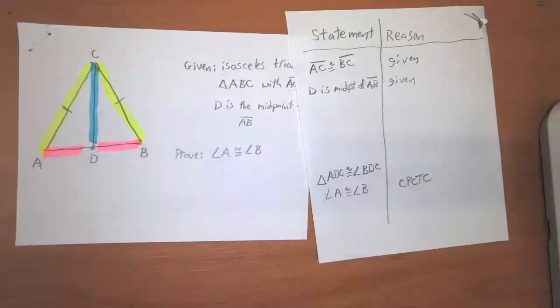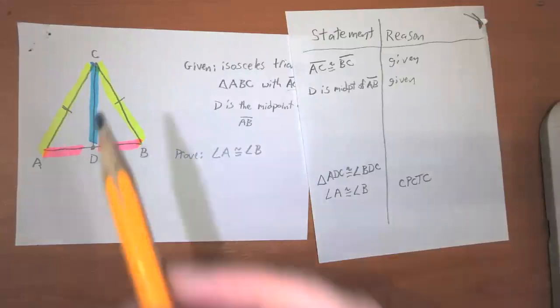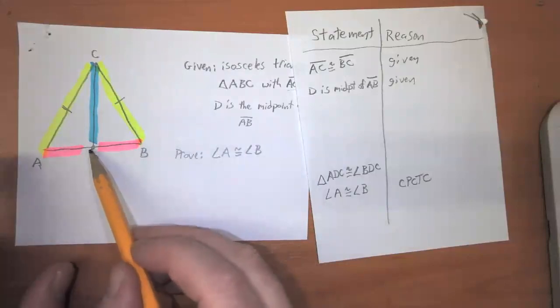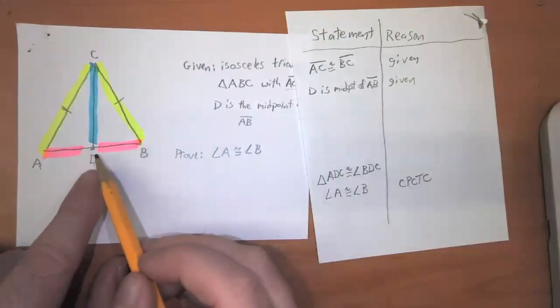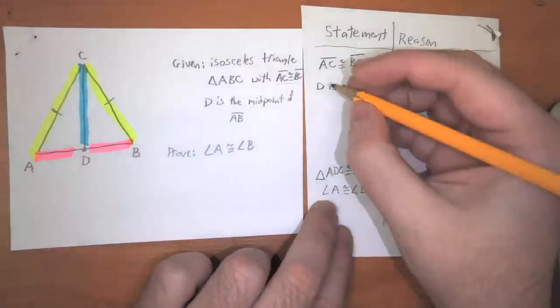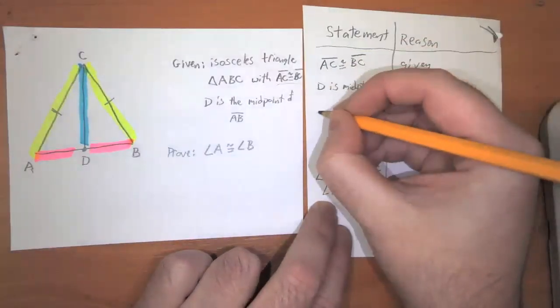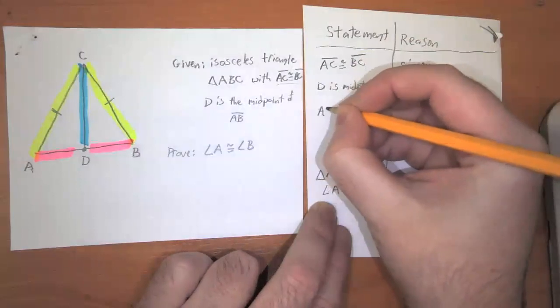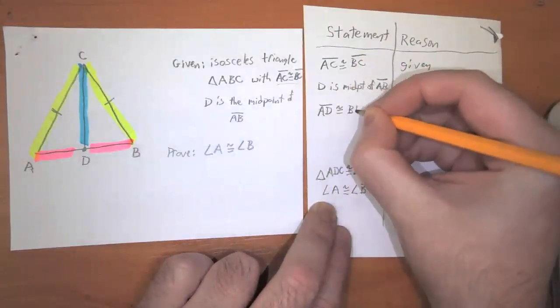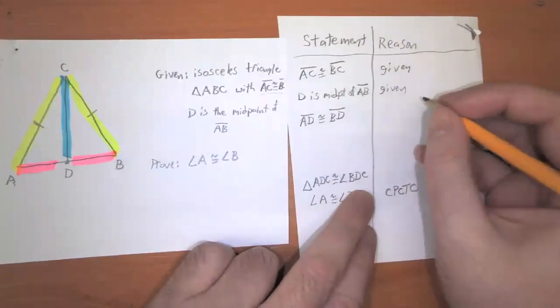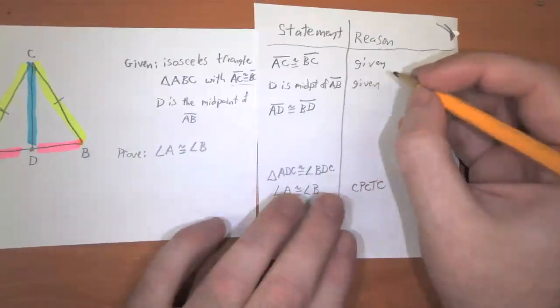So if D is the midpoint of AB, what two things do I know are congruent because of that? Well, I know that D is the same distance from A as it is from B. That's what it means to be in the middle. So therefore, I know I can say that AD is congruent to BD. All right, and do you remember the reason we gave for that?